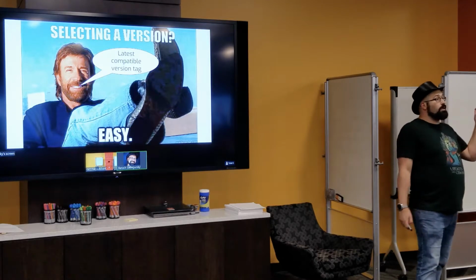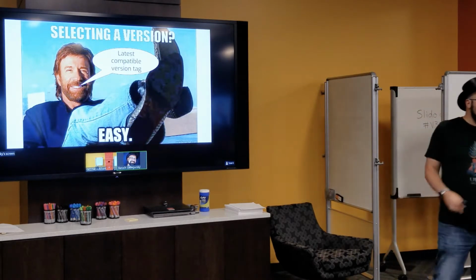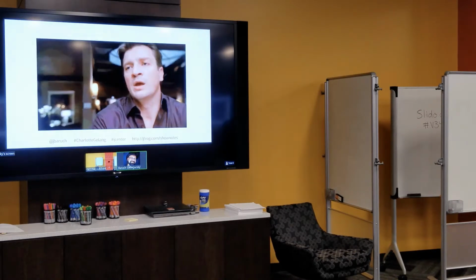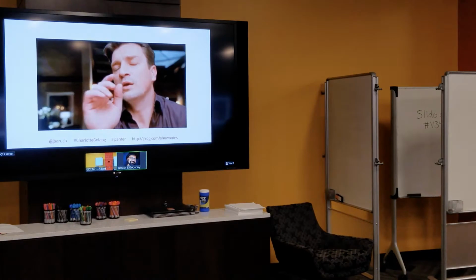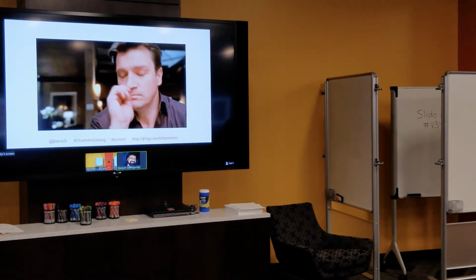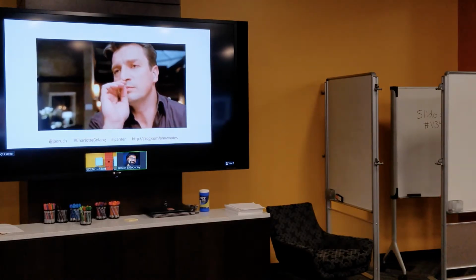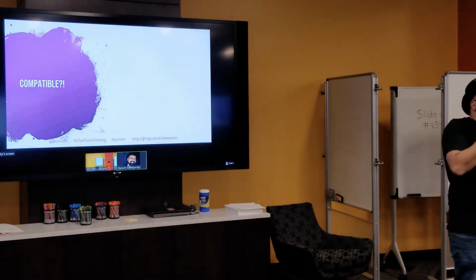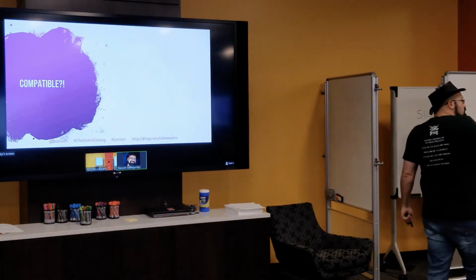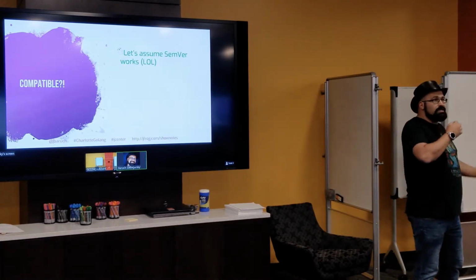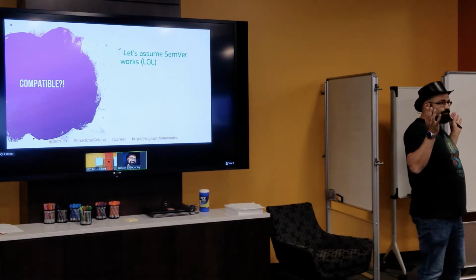So when I put an import, I will rely on the latest compatible version. Well, you go like, what does it mean, latest compatible version? How does anyone know? And the way that it's sorted right now is pretending that semver actually works.